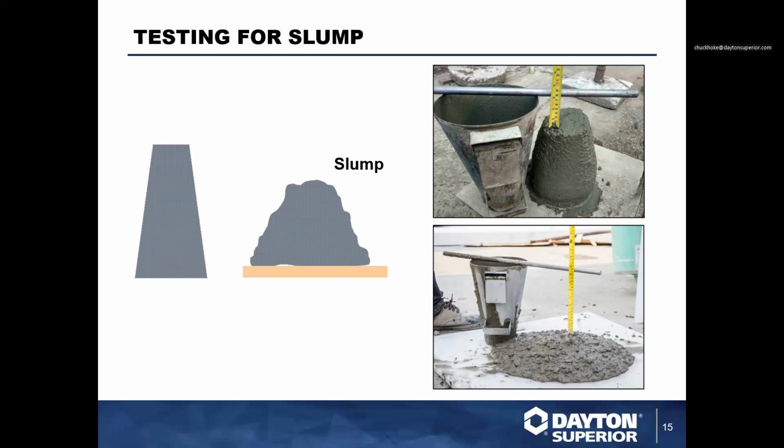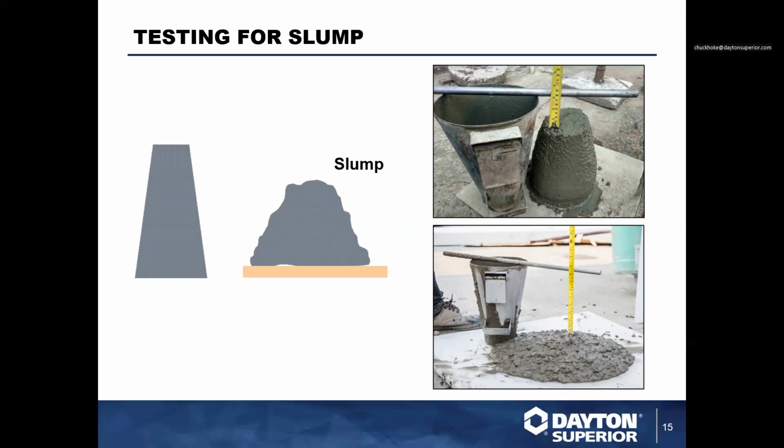You simulate vibration with that steel rod, poking it down into the concrete 25 times, repeating that 2 more times, so a grand total of 3 times by the time they fill the cone all the way to the top. Then they flip the cone over and remove it. They will then set it off to the side, and you can see how the concrete will settle just a little bit.